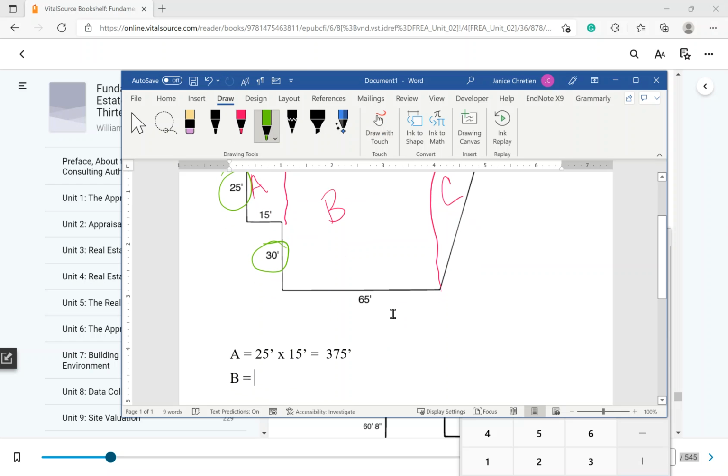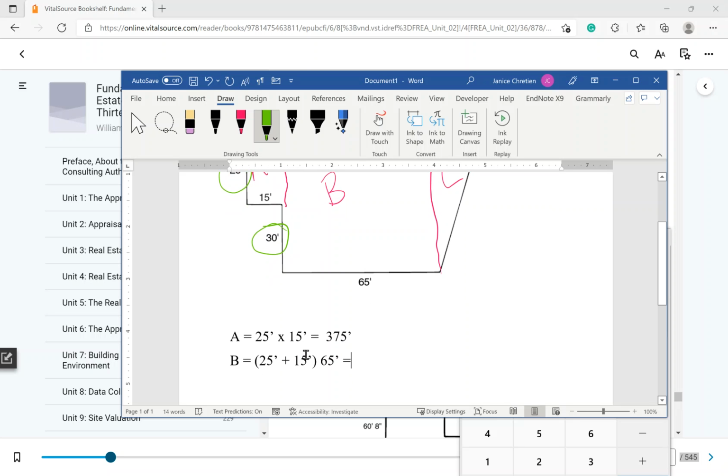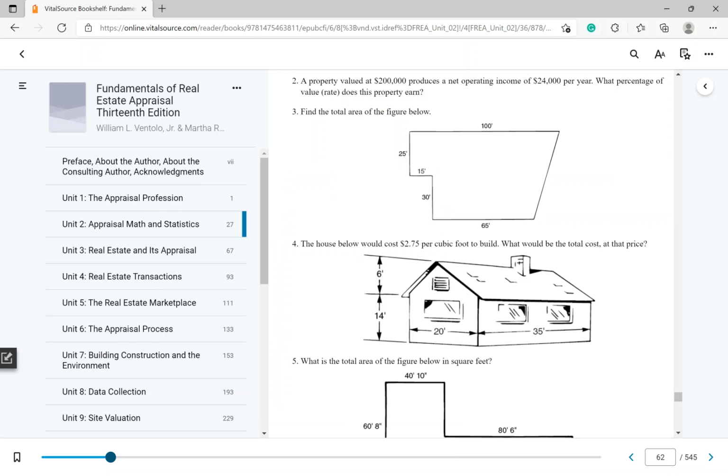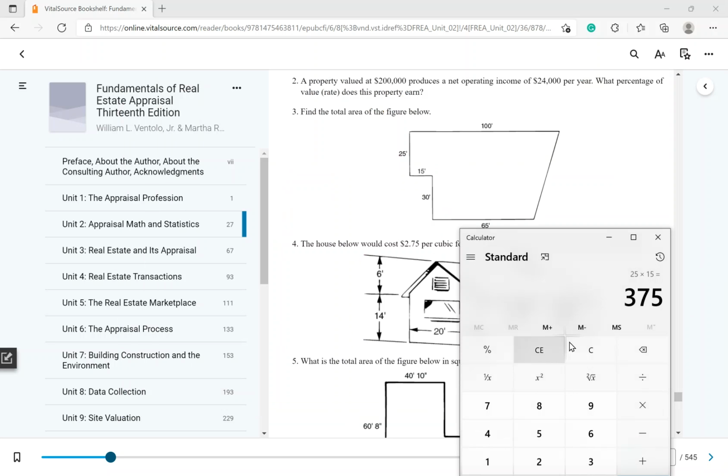So I'm going to have 25 feet plus 15 feet times 65 feet. So 25 and 15 is 40 times 65.